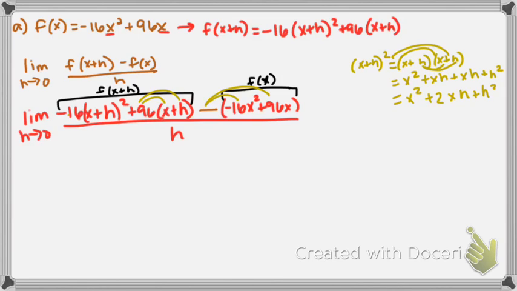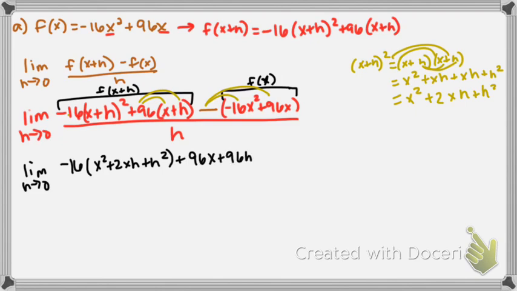Okay, so let's go ahead and rewrite this down. I haven't distributed the negative 16 yet. X squared plus 2xh plus h squared, plus, and now I'm distributing the 96, 96x plus 96h, plus 16x squared minus 96x all over h.